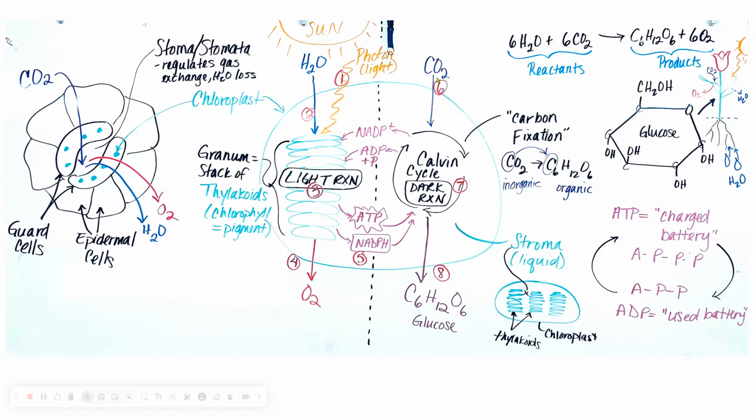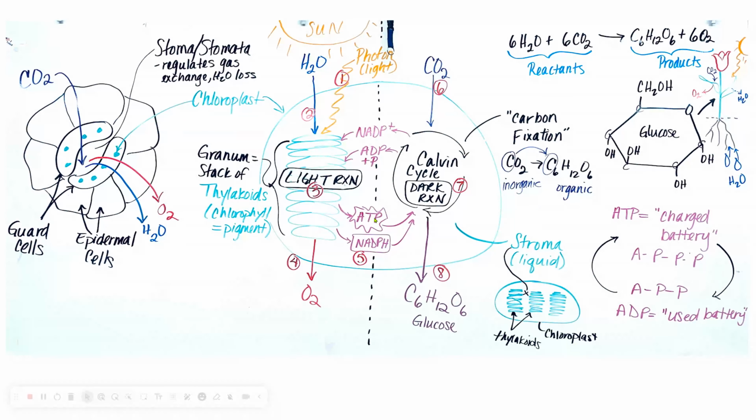Here, carbon dioxide will enter again through the stomata, and the carbons are basically stripped off of these CO2 molecules and attached to some pre-existing precursor molecules in the Calvin cycle. But this process requires the use of some energy in order to build these molecules.